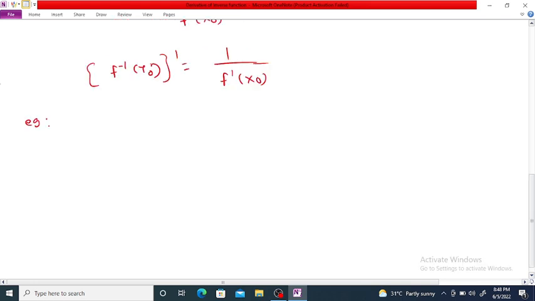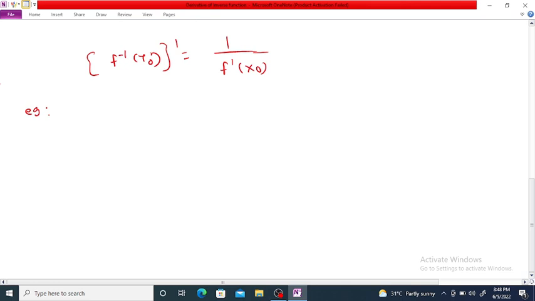let f be a function from R to R, defined as f of x is equal to x cube plus 7x plus 1.